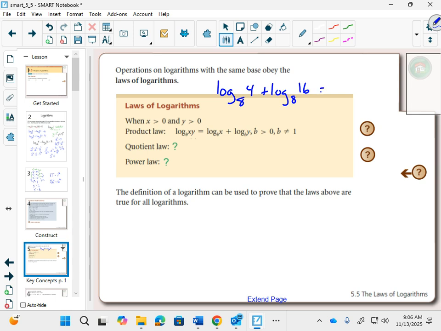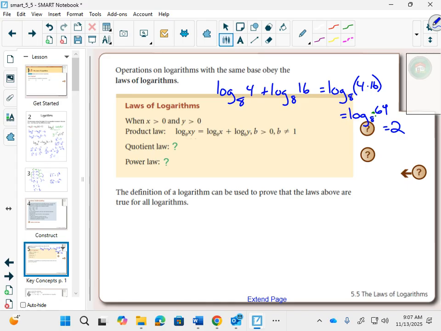According to your log law, this is the same as multiplying them together inside the log. If I did that, what's 4 times 16? That's 64. And 8 to what exponent is 64? It's 2. So it works with our pattern.